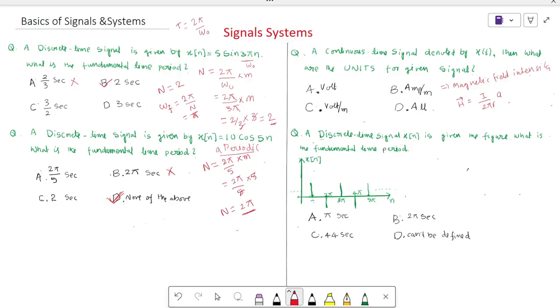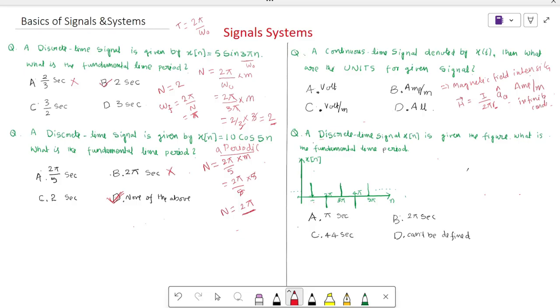So this is the units: current units are ampere, per r, which is a length, so meter. This is the magnetic field intensity for an infinite conductor.